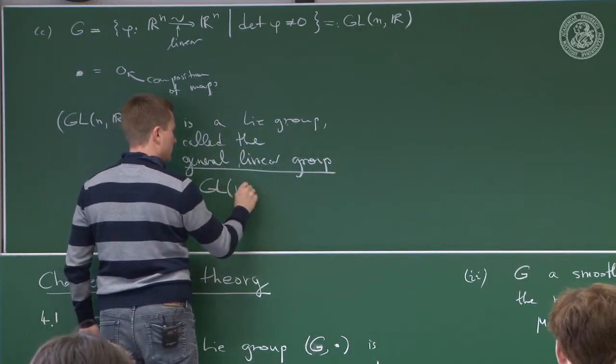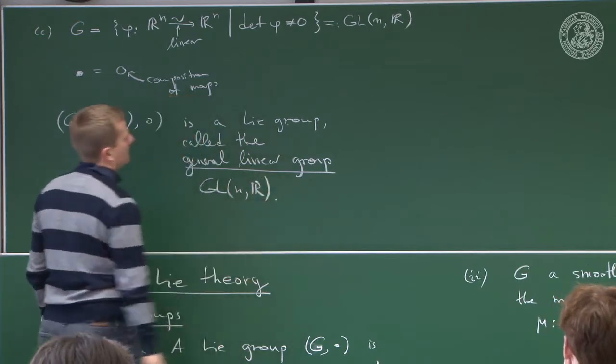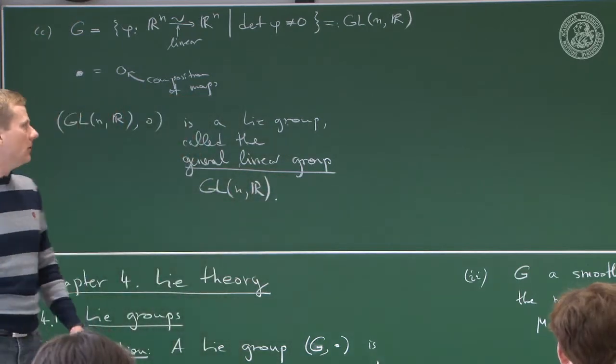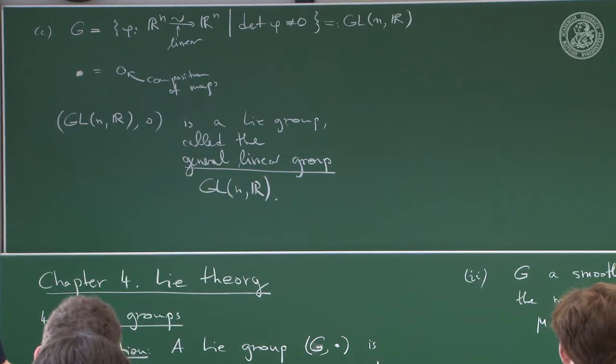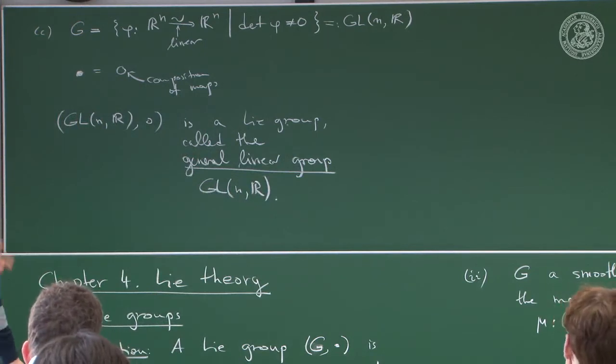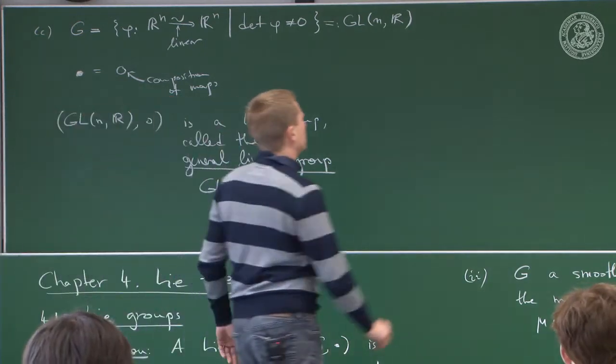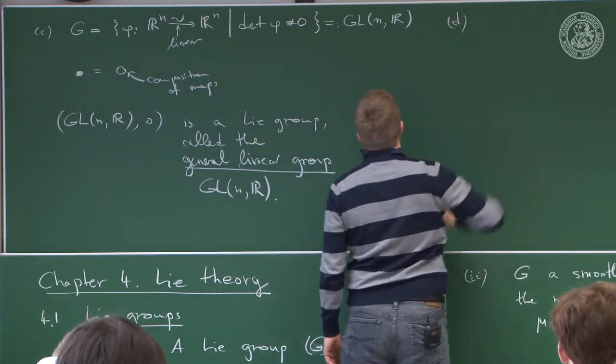And as such is also called GLn(R). Okay. So these are all Lie groups. Well, let me give you one more example because it occurs so often, but then that should be enough.